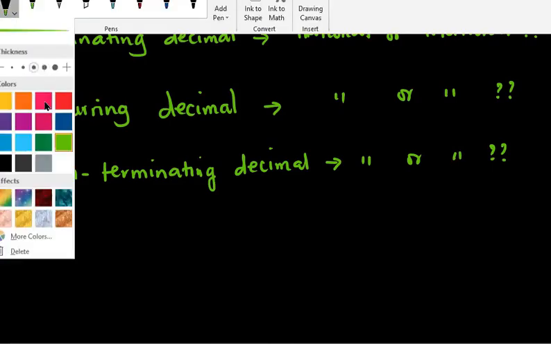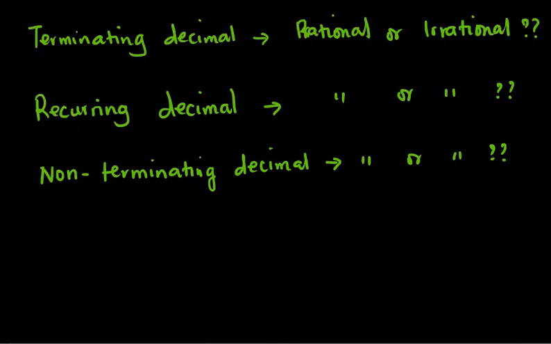Okay. So in summary, when we have a real number, we can divide it into two: rational number and irrational number.